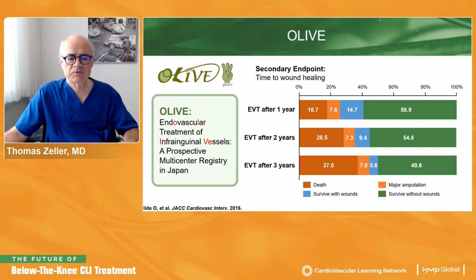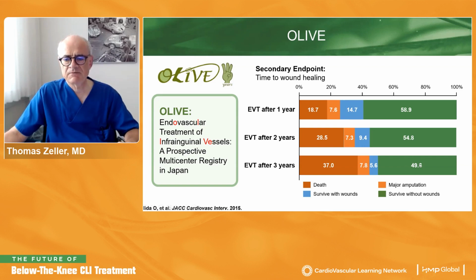Basically, it's important to be aware of what kind of patient population we are dealing with. This is data from Japan, from Iida, from the OLIVE trial. What we have to keep in mind is the high mortality rate over 1, 2, and 3 years, showing a mortality overall of 37% at 3 years after initial endovascular therapy for CLI.